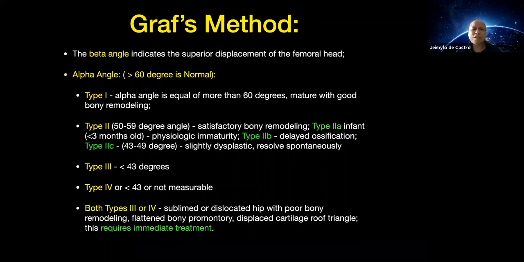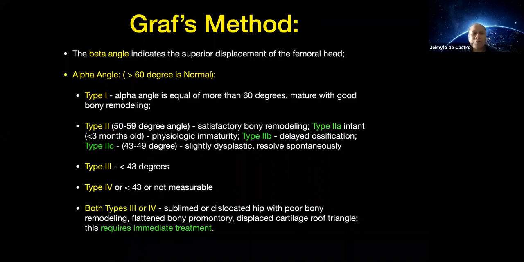If your angle is 43 degrees up to about 50, which is almost 20 degrees less than 60, you can tell your patient that this can resolve spontaneously. But sometimes the parents are very concerned, so you can suggest putting them on a Pavlik harness, maybe for 2 months, just to make sure.